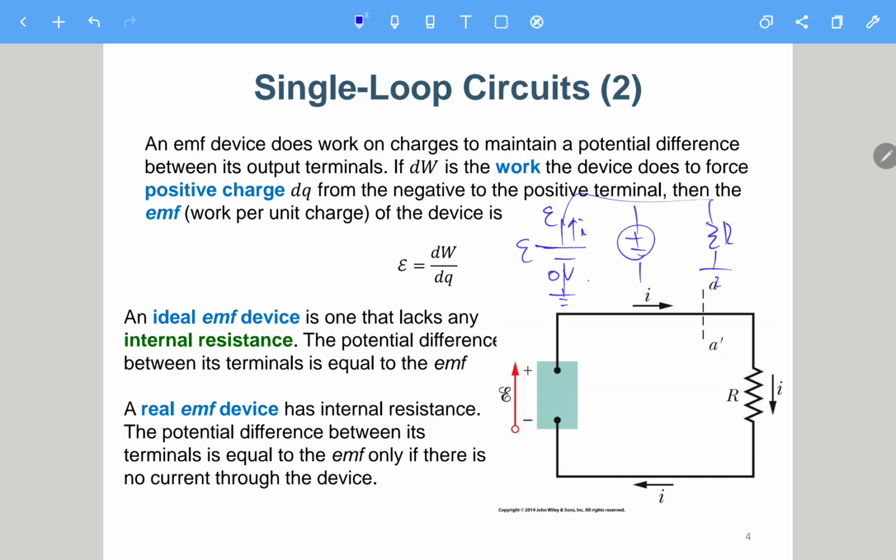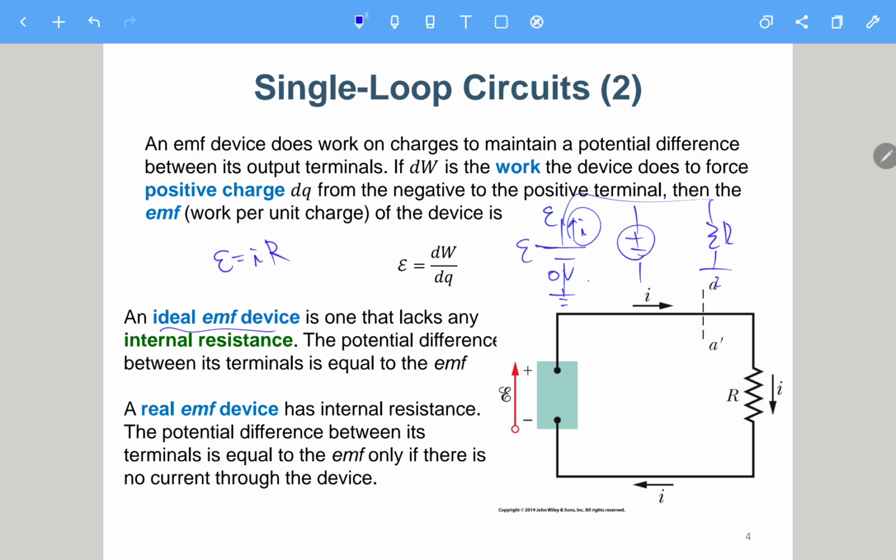So it only relates to E equals IR. No matter how large the current is, the voltage won't change, or the EMF won't change. It is called the ideal EMF.